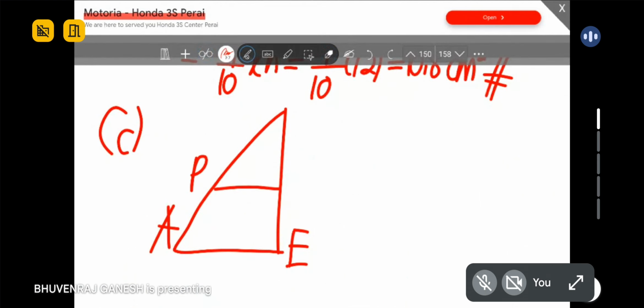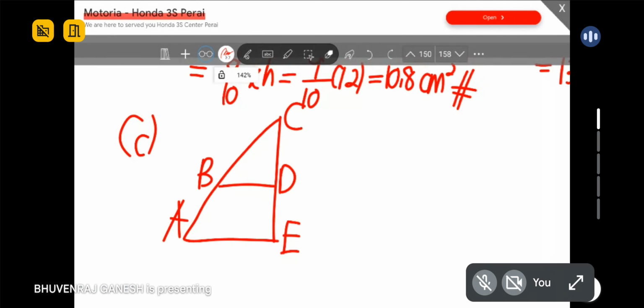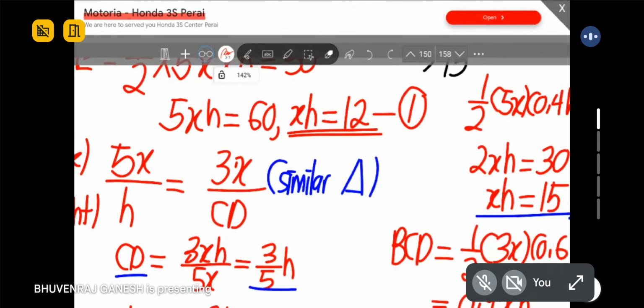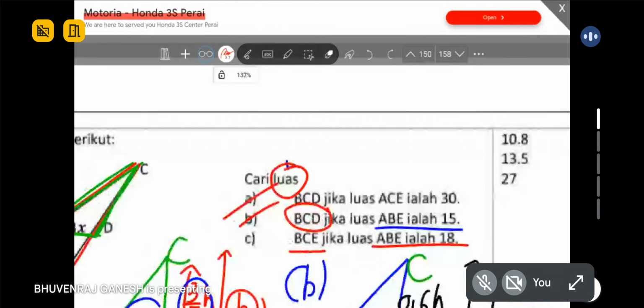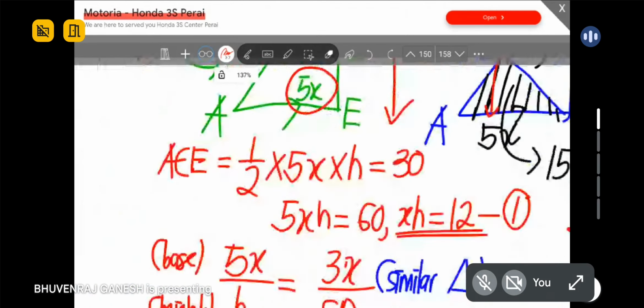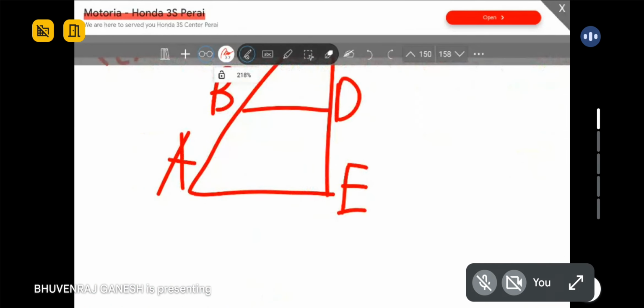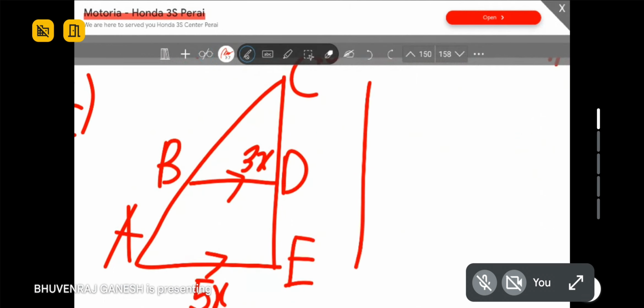So it's always good to draw a diagram. Remember, in admaths, if you cannot imagine the situation, always draw a diagram. Lukis gambar raja. Gambar raja can actually help you a lot in admaths. So 5x, 3x. This one is h. And then this one is 0.6h.